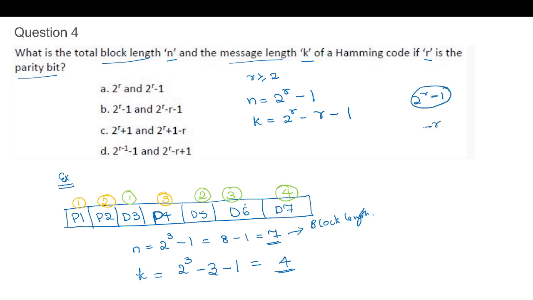In that, r bits will be taken by parity bits itself. So this will be the formula, and the answer to this question is 2 to the power r minus 1 minus r. So option B. Any doubts? Any questions?